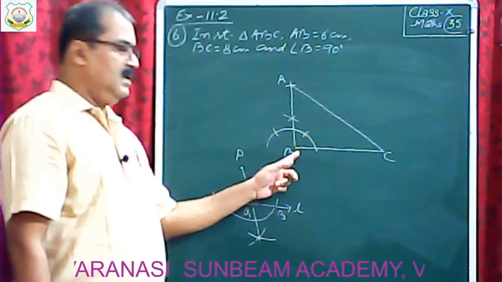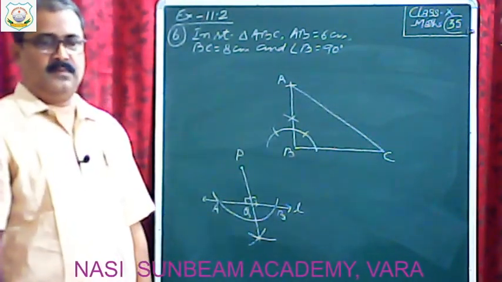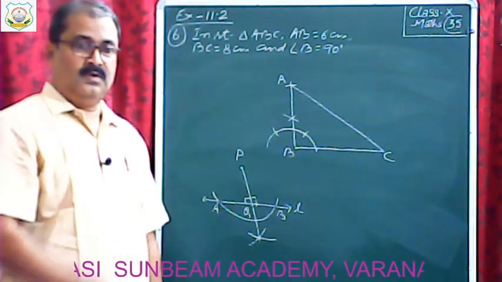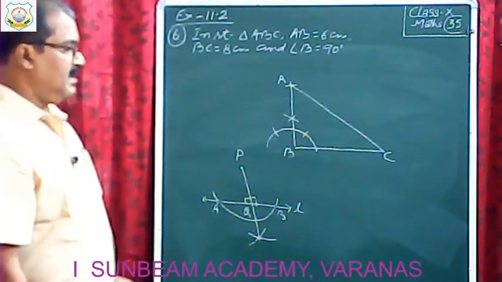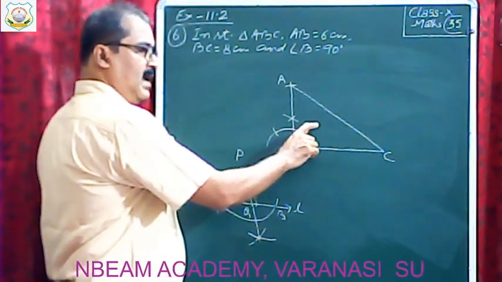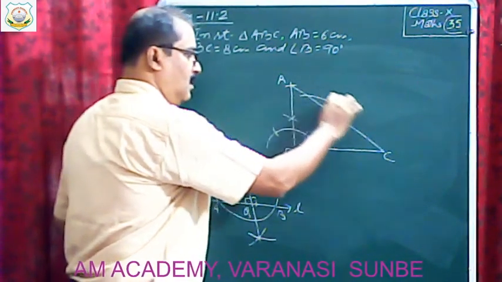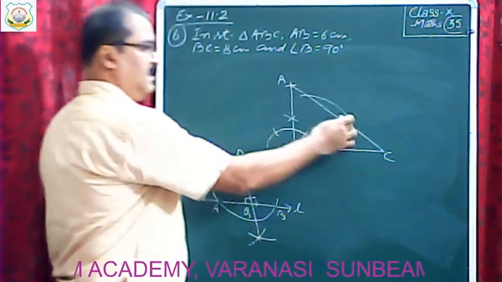The same thing we have to follow up. B is an external point of AC. We have to draw perpendicular from B to AC. So same mechanism, same steps you have to follow. With B as center and any suitable radius, we have to draw an arc intersecting AC at 2 points.